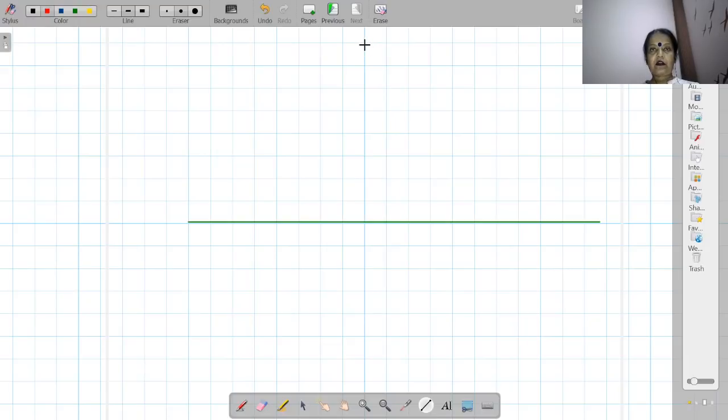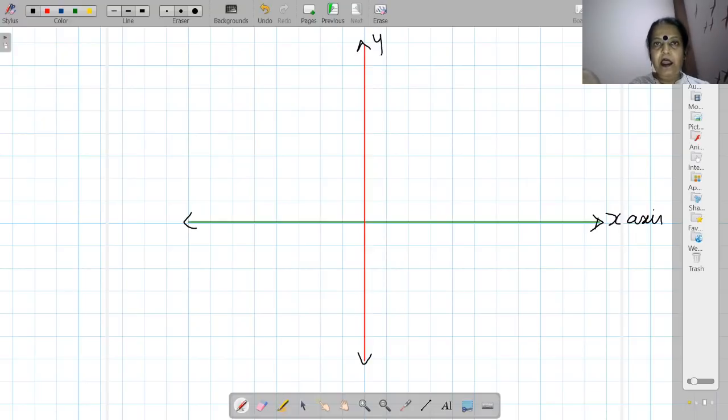This is x-axis as I have told, and this is y-axis, or the vertical line is y-axis, and the point of intersection is origin, that is O. What about the left side of x-axis from the origin?